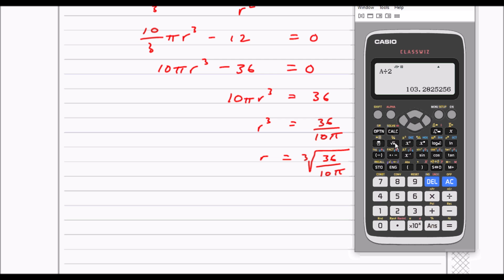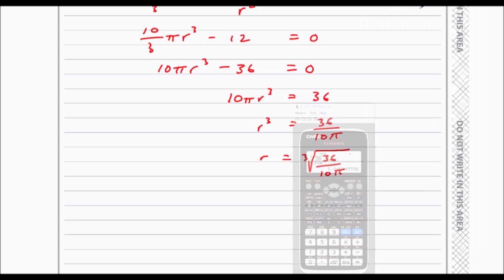So we want the cube root of 36 over 10 pi. And we've got 1.046.